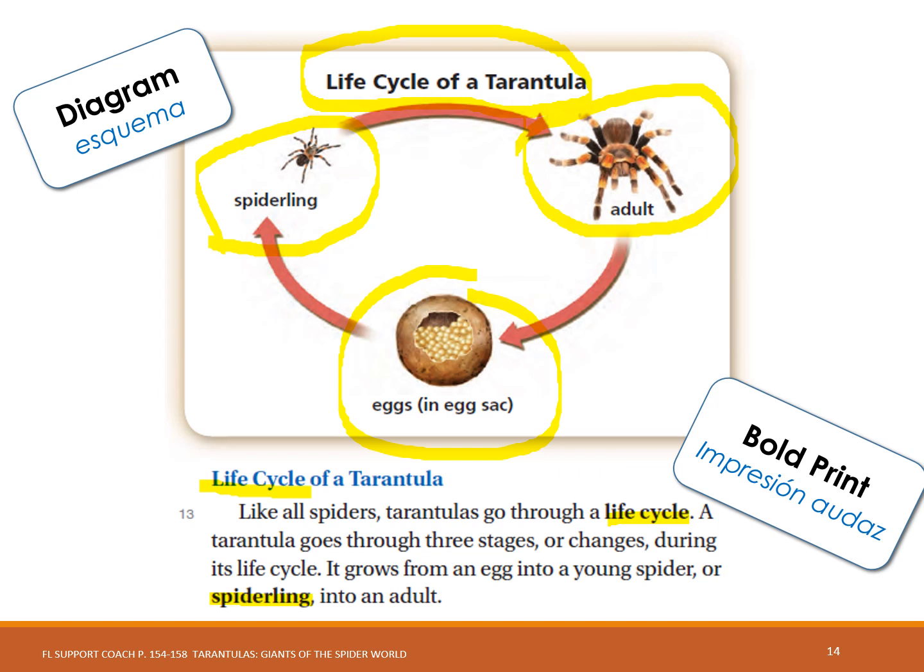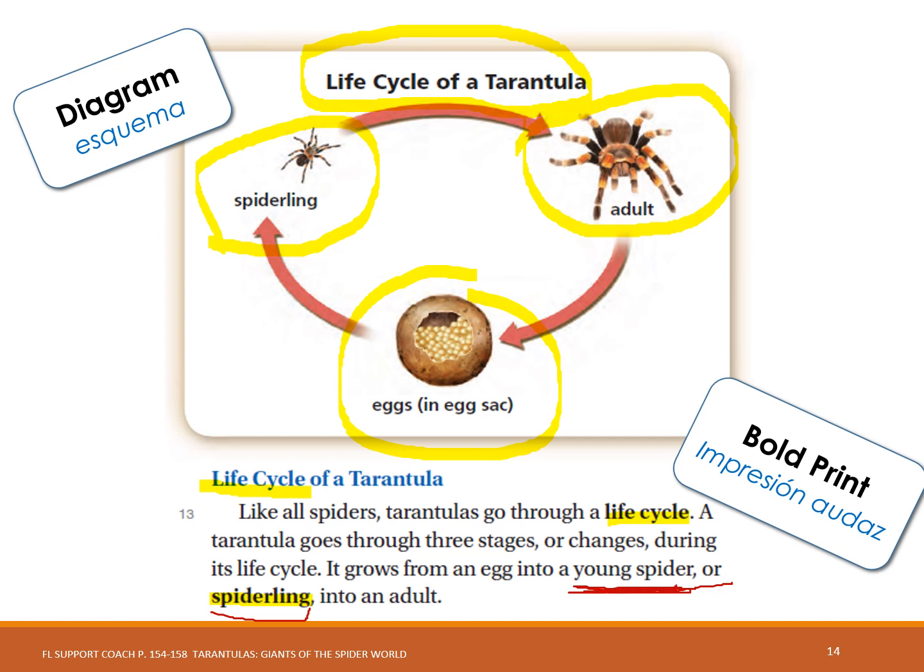So I'm going to go back to the beginning of the sentence and read. It grows from an egg into a young spider, comma or spiderling into an adult. So that comma or tells me that a spiderling is a young spider. I look right before that comma or and that tells me exactly what I'm talking about.